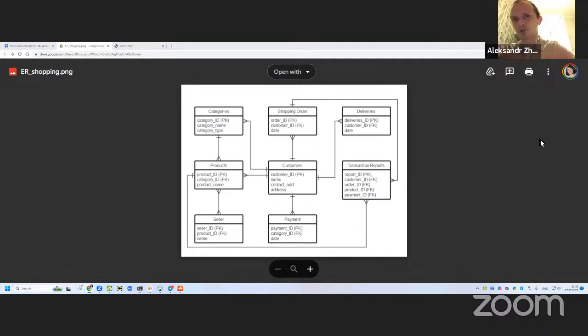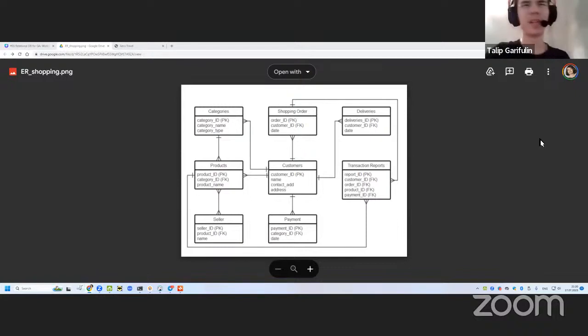The same with products, many to many. So we have to add some table between categories and customers, and between products as well.